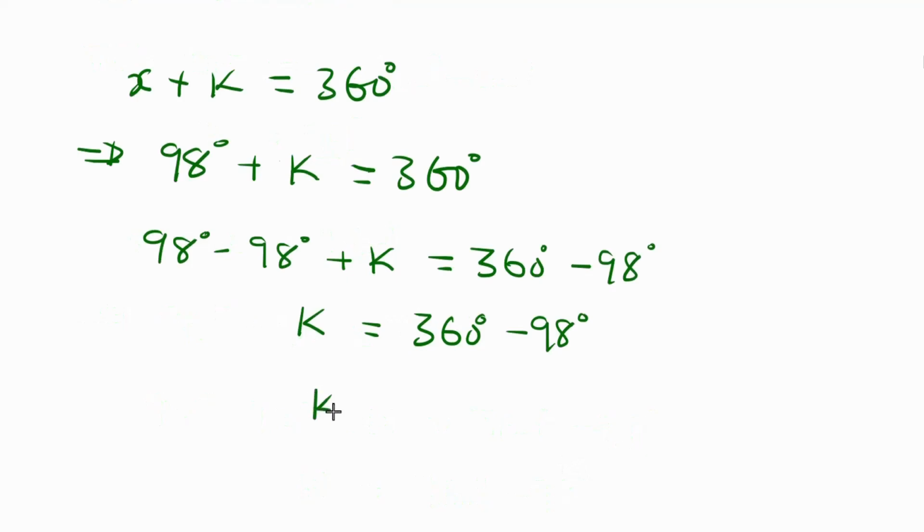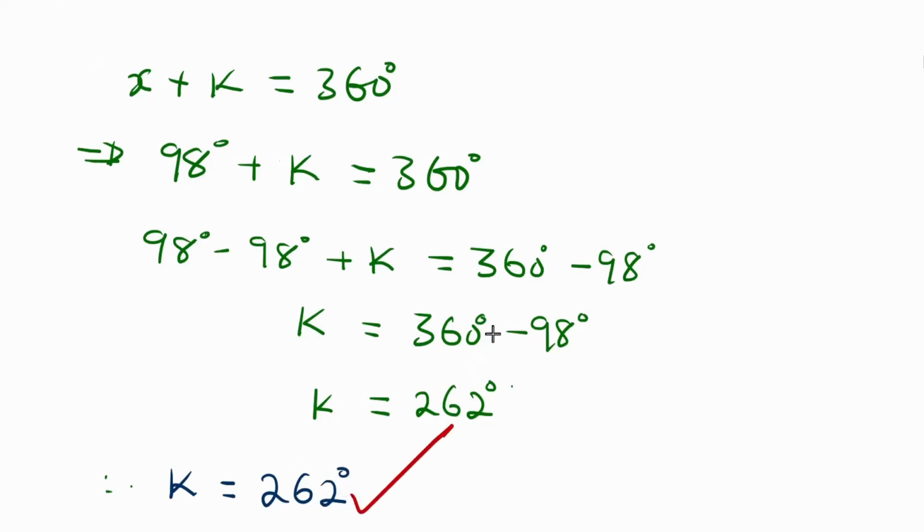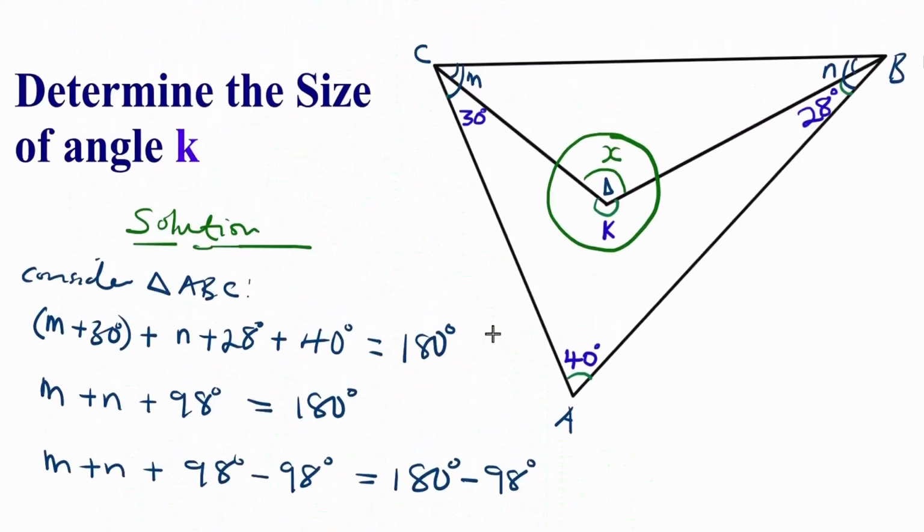So our value of K equals 262 degrees. We can now conclude that our value of K equals 262 degrees. So this becomes our correct answer, the size of the angle K is 262.